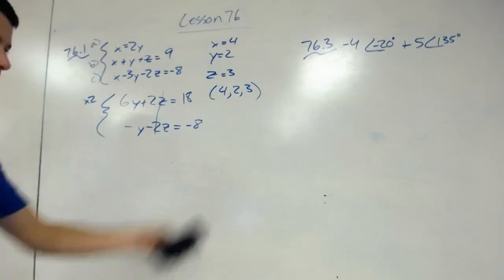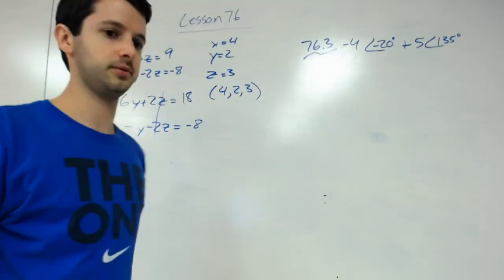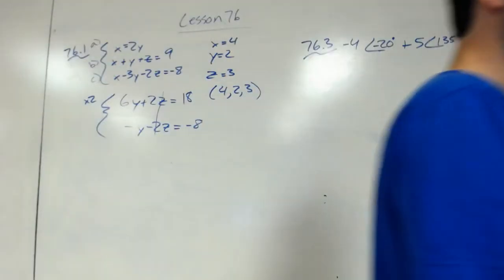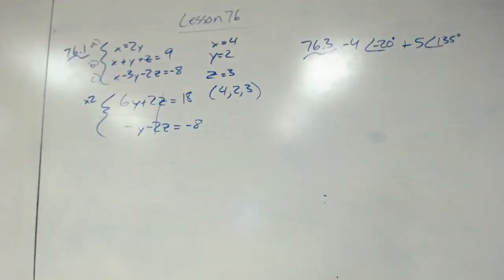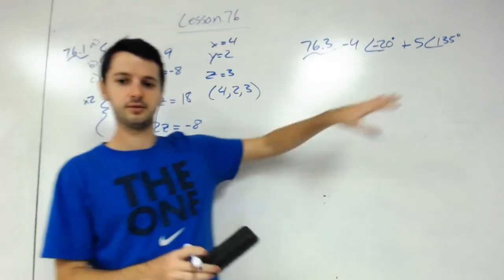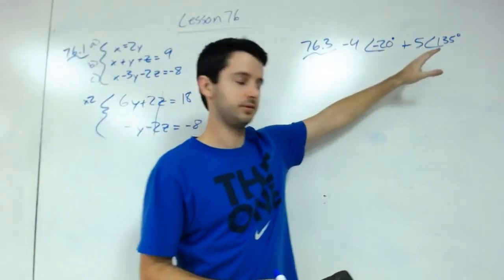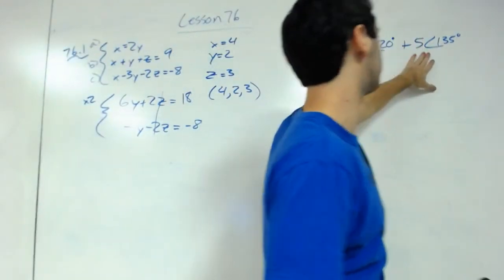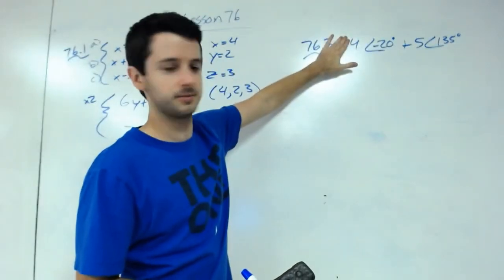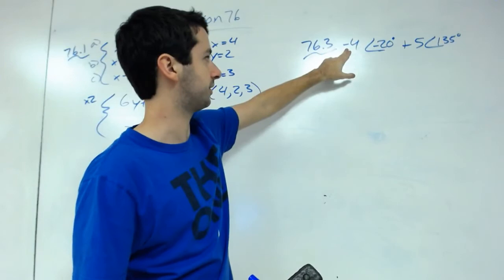Now we're going to expand on some more rectangular coordinates, 76.3, negative vectors. We've done stuff like 5 at 135 degrees. We've even done 4 at negative 20 degrees. But let's talk about the negative 4.